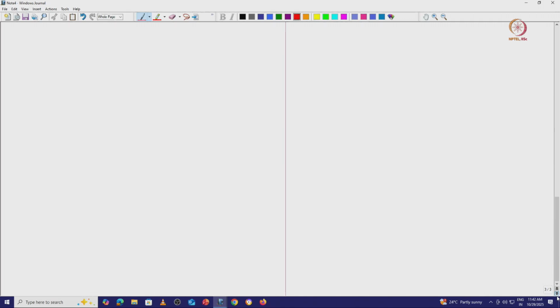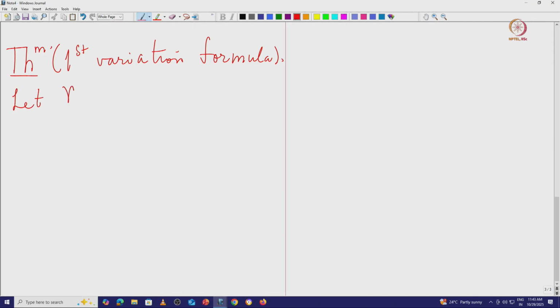So now let's move on to the main topic of this lecture, namely the first variation formula. Okay, so here's the statement. So let gamma be an admissible curve.